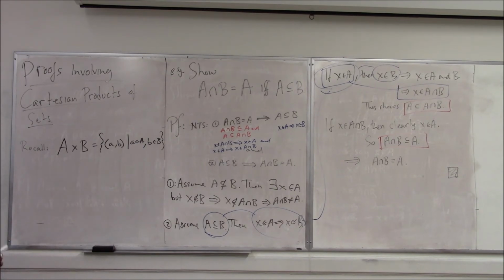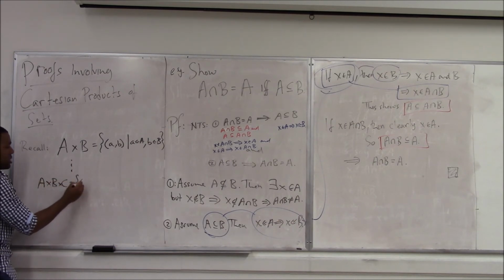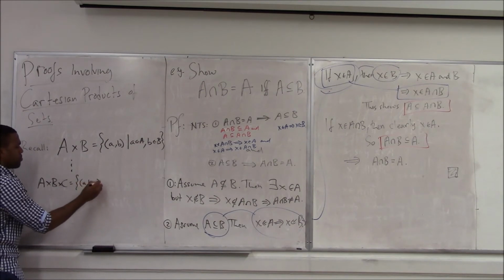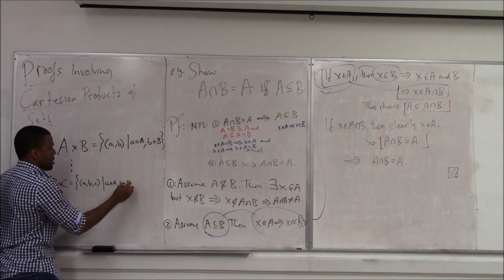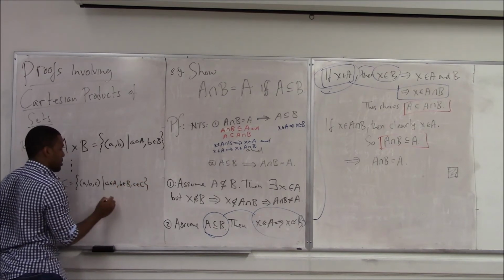And of course it can extend, right? This can extend to any set you want, any number of sets you want. So that's just a set of triples such that a is in A, b is in B, c is in C, etc. This can go on.